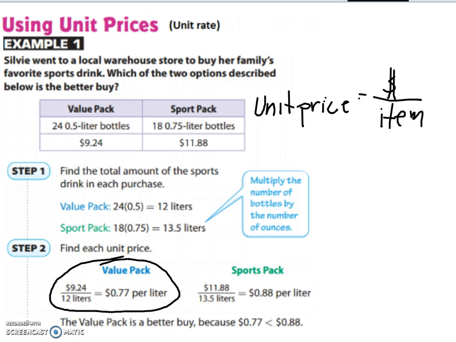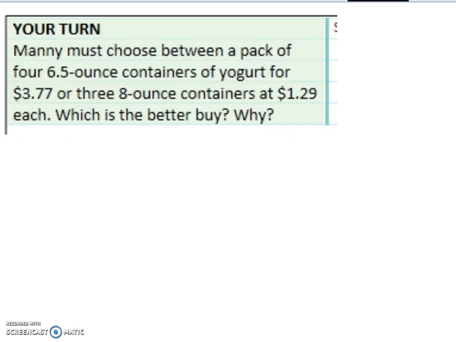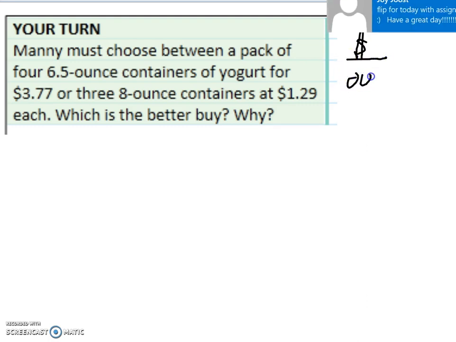All right, let's try one together. Manny must choose between a pack of 4 6.5 ounce containers of yogurt for $3.77 or 3 8-ounce containers at $1.25 each. What is the better buy? Well, first we have to make sure everything is in the same units. We want to compare money over ounces.